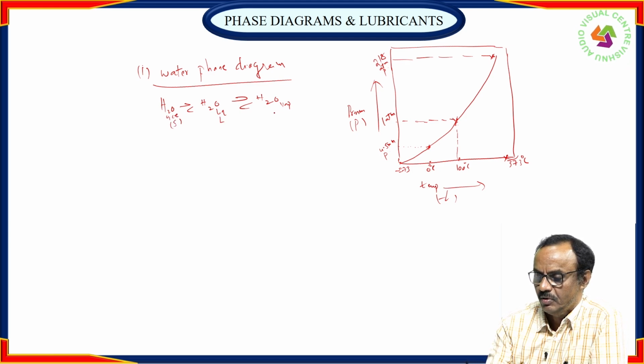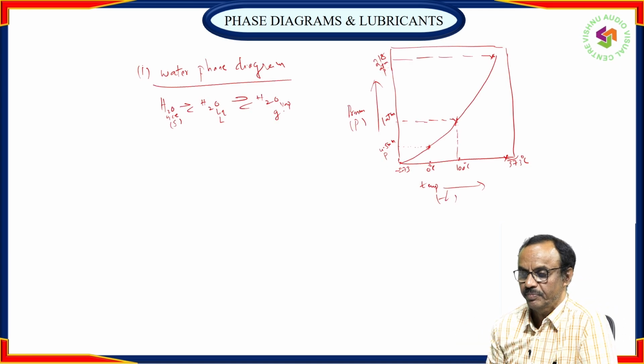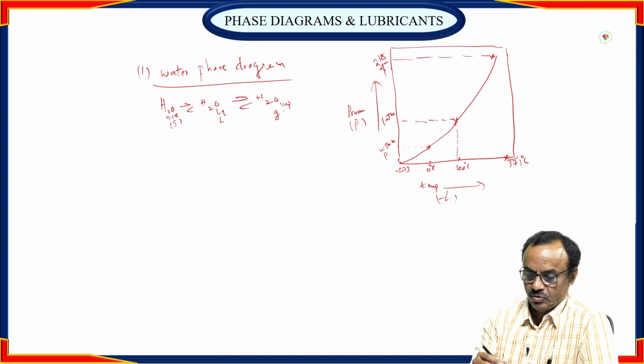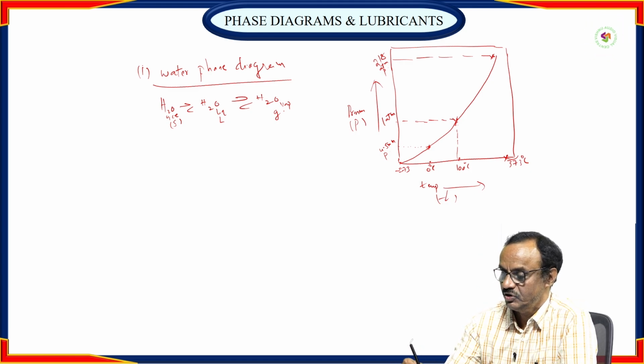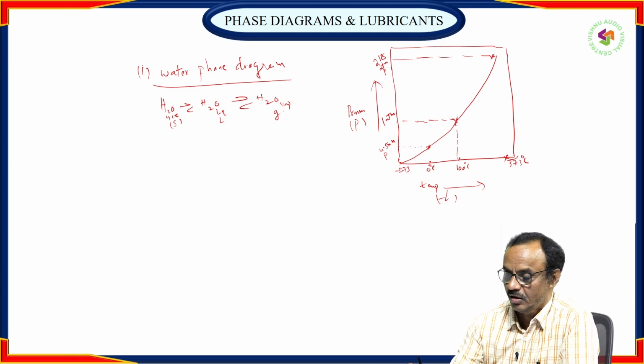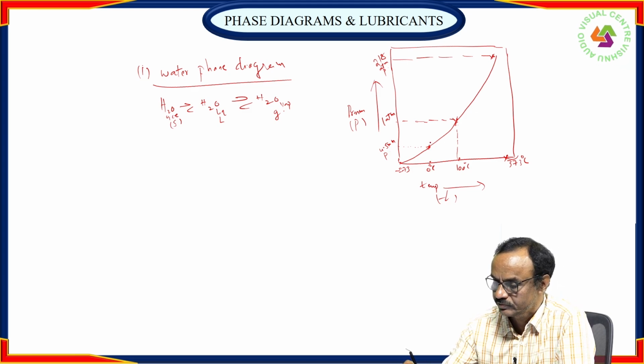Liquid form, gas form, right? So ice is also there. Where is the ice curve? This curve shows only vaporization and ice formation, and we need to mention that also.